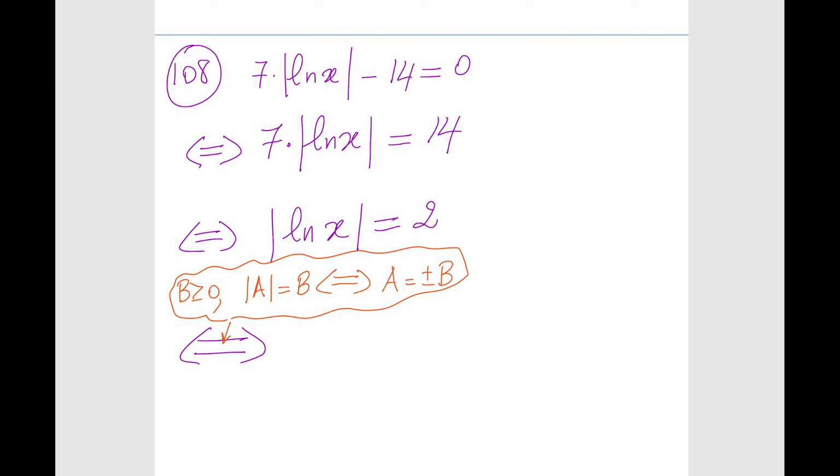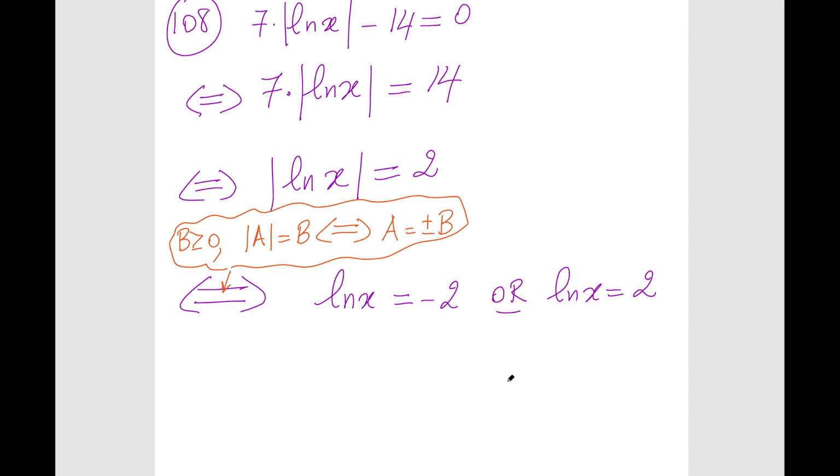So what we get is that ln x, which is playing the role of a here, the guy between the bars, is equal to plus or minus 2. Let's write it as two equations, so either negative 2 or plus 2, right?